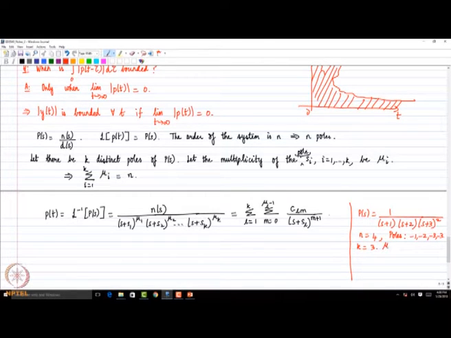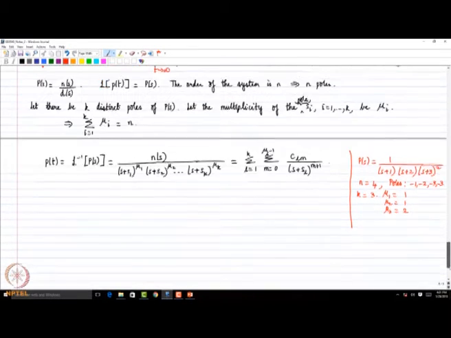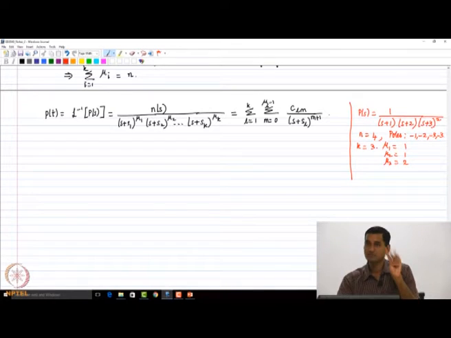Then what are the values of mu1, mu2 and mu3, which are the multiplicities of the 3 non-repeating poles? Mu1 is 1, which corresponds to minus 1. Mu2 is 1, which corresponds to minus 2, and mu3 is 2. If you add mu1, mu2 and mu3, you get 4, which is n.